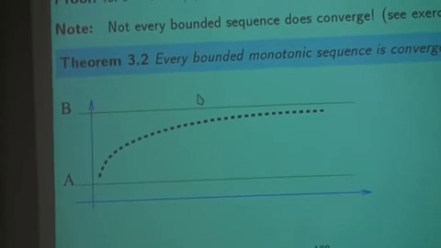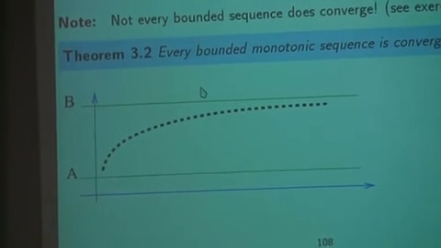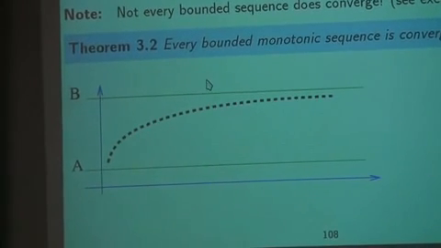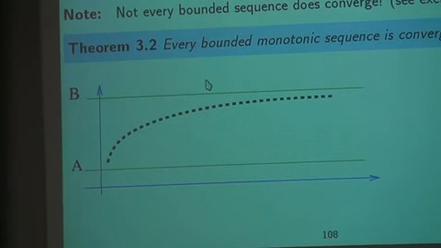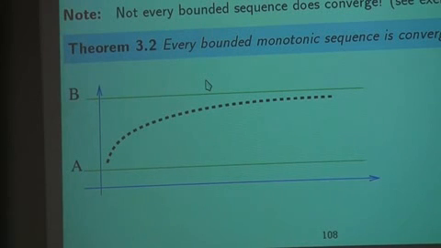Okay, so now assume we have a bounded sequence, but it's not monotonic. What may happen then? It may reach the bound. Yes, but does that matter?